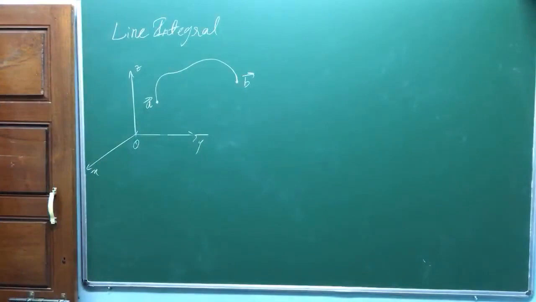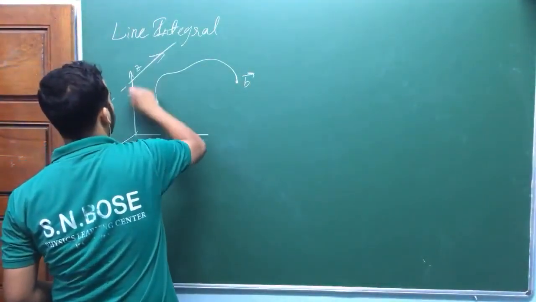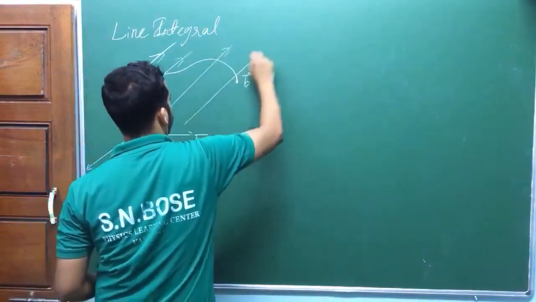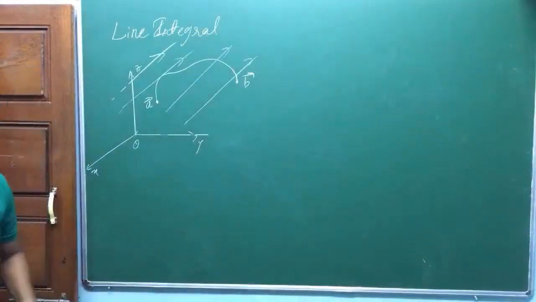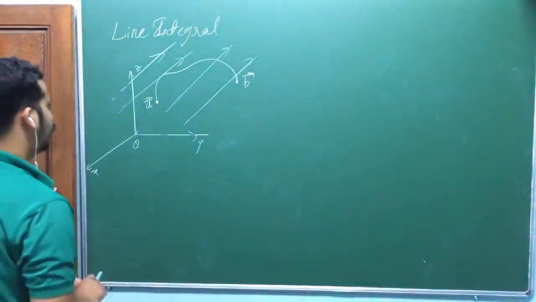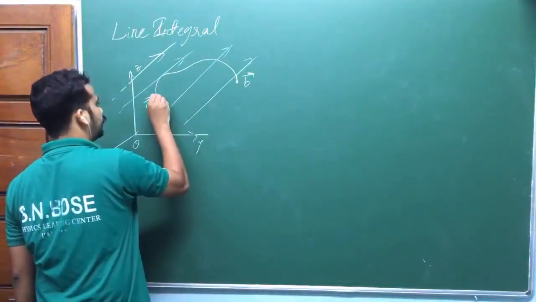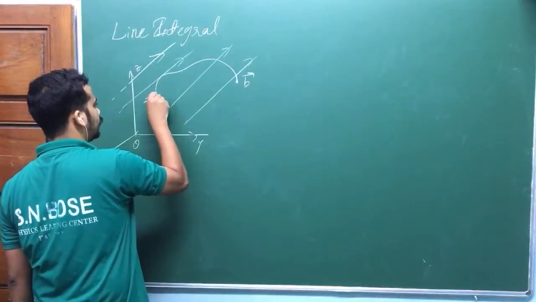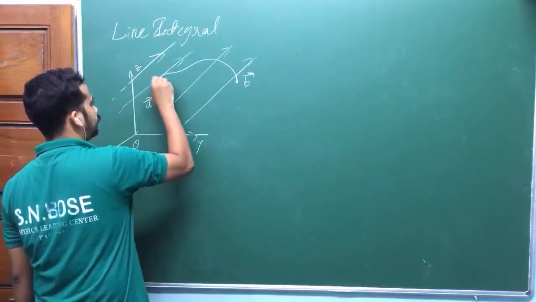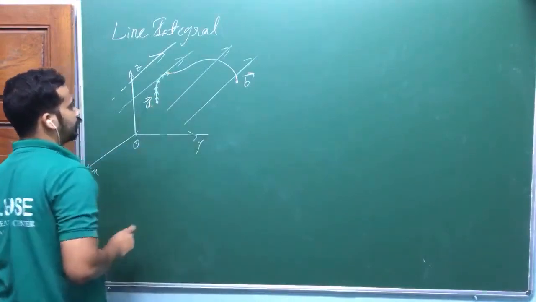Now, again, we have a vector field in space, okay? We have a vector field throughout this space. Then, as I told yesterday, what we do is divide this path into infinitesimal displacement vectors.